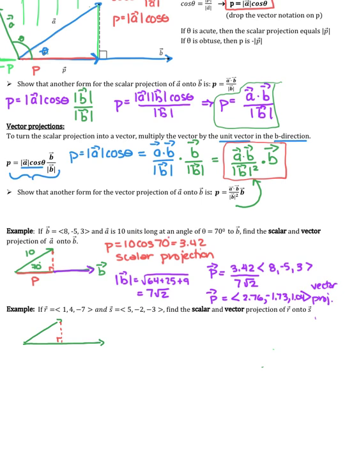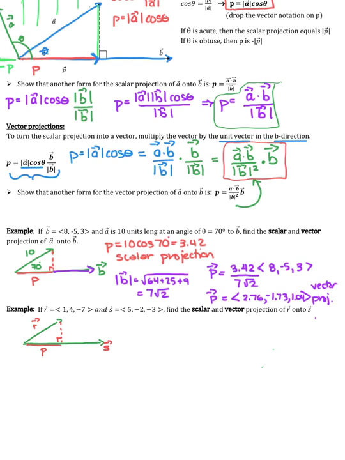So we have R right here being projected onto S, and we have both of them in component form. And so we know that if we're going to do the, I'm going to call this P right here, this is going to be our scalar projection.